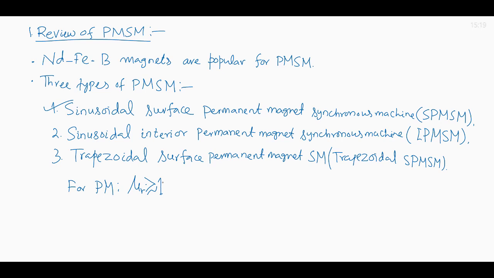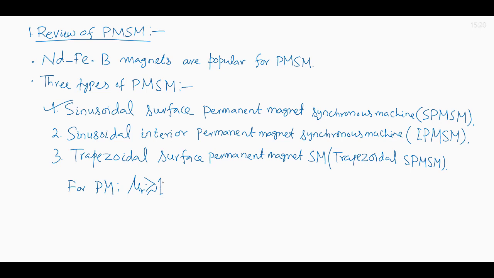So because permanent magnets have relative permeability close to 1, they are as good as air as far as magnetic property is concerned, so they are equivalent to air gap. So in this surface permanent magnet synchronous machine, the effective air gap of the machine is larger, because this magnet itself behaves as air gap.